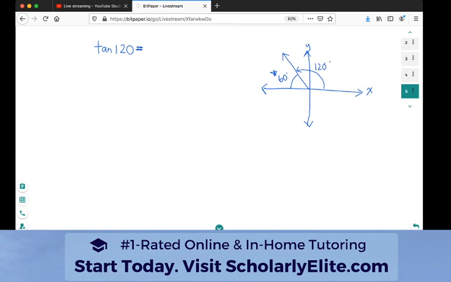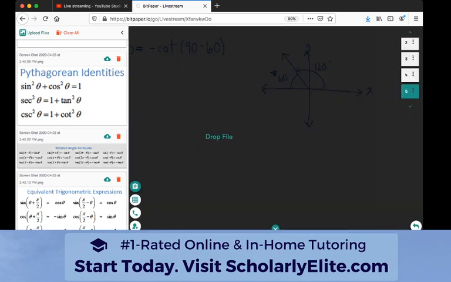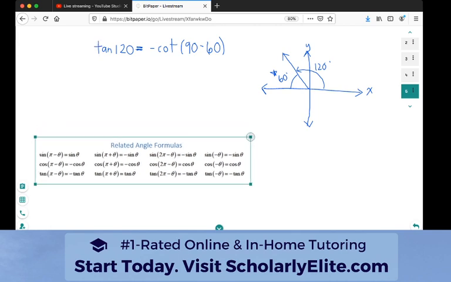And basically what we're going to say is that the tan of 120 is equal to the negative cotangent of 90 minus 60. And that makes sense. So basically you're looking at the opposite side of the right triangle, and it's going to be the inverse of that.